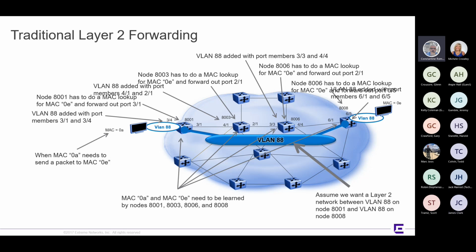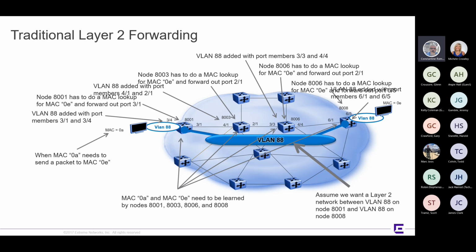Right. So we're going to make that assumption, that we're going to extend this VLAN. We have to add it to all these ports, the ones on the left, intermediate, and so on and so forth. So when the station 0A needs to send a packet to 0E, it has to do a MAC lookup.